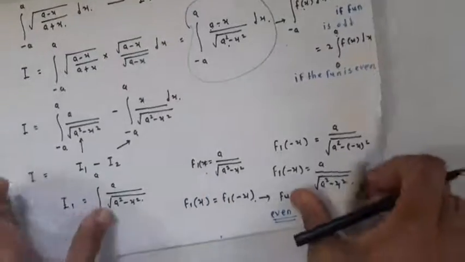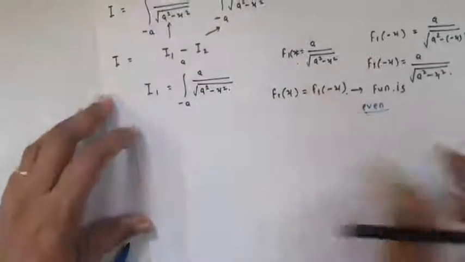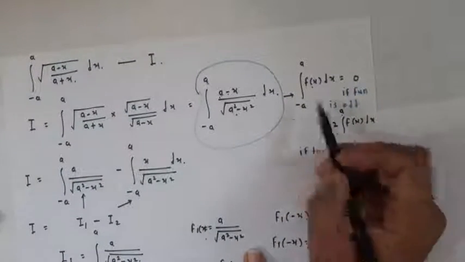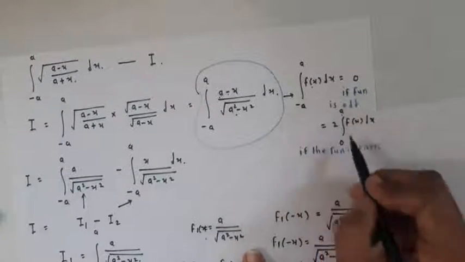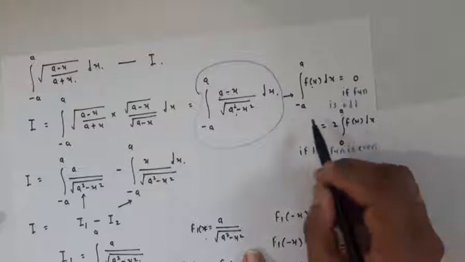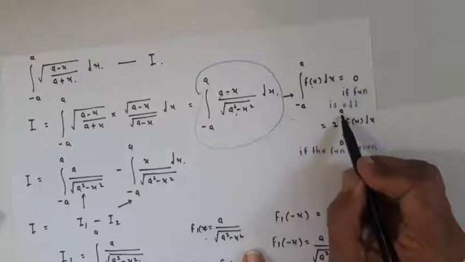In this way we have found out whether the function is even or odd. The function is even. That's why, according to this property, if the function is even, then the integration of this function equals 2 into integration 0 to a: the lower limit is converted to 0 and the upper limit stays as it is.